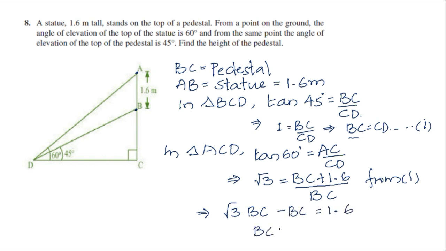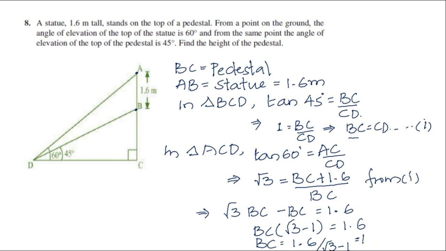So BC, when you take common, we get root 3 minus 1 equal to 1.6. Therefore, BC will be 1.6 upon root 3 minus 1. If you want, you can rationalize the denominator.